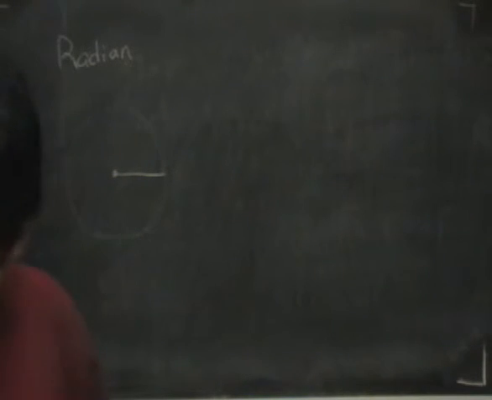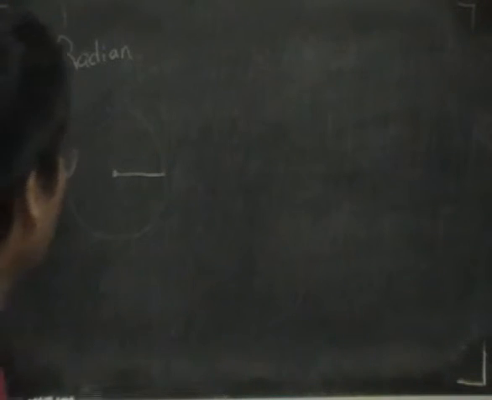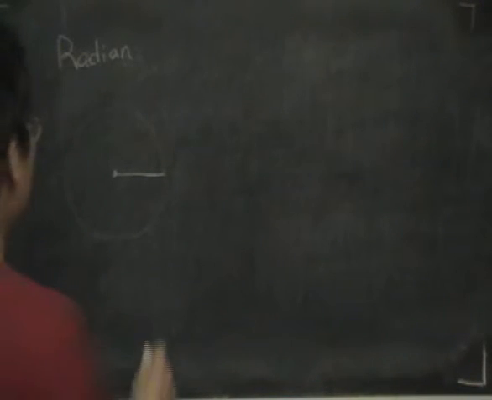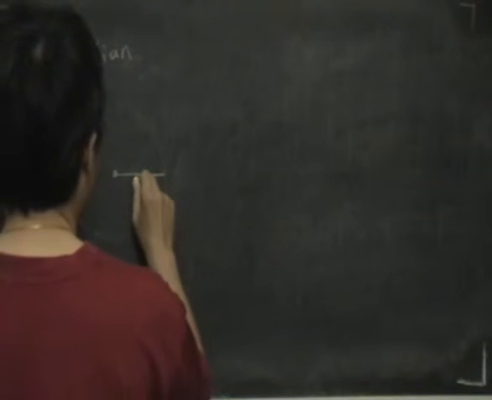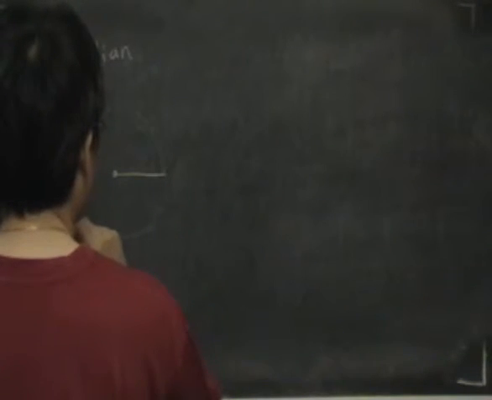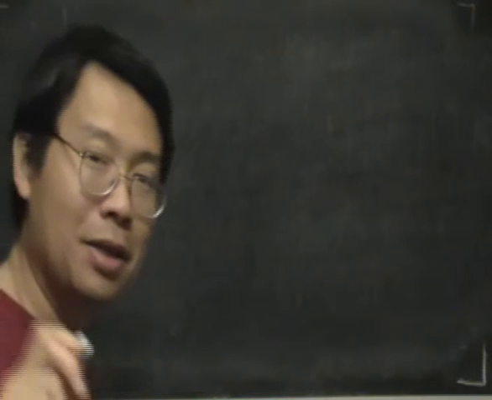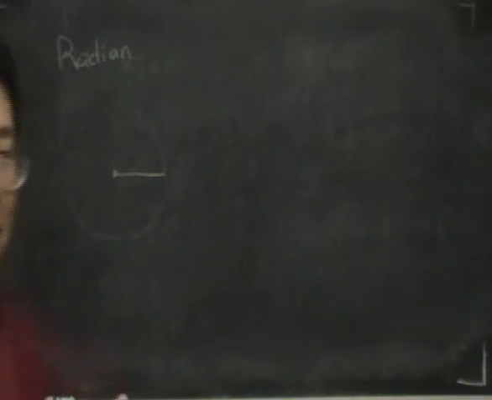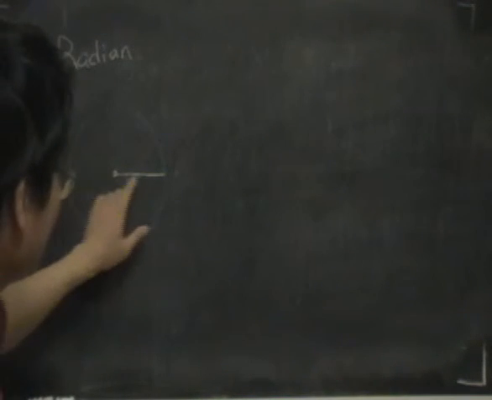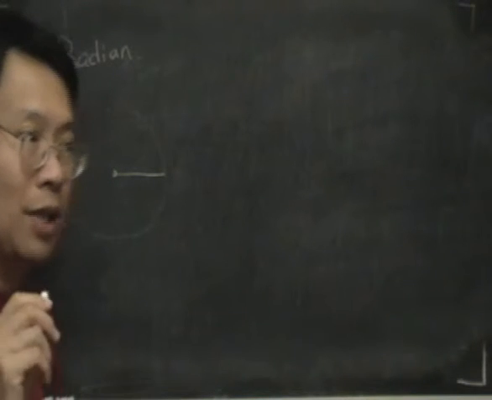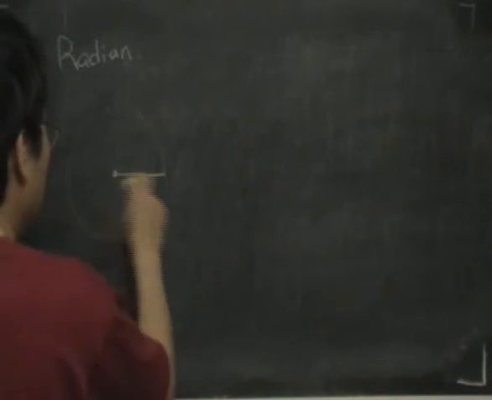That's the radius of the circle. Now let me call that radius r.